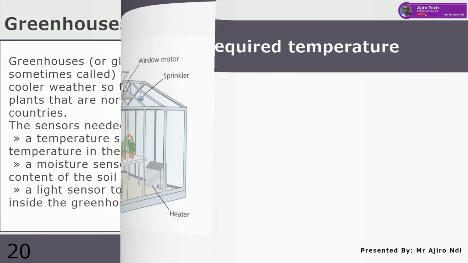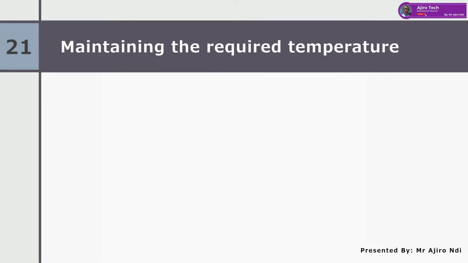Maintaining the required temperature. At the start of the process, the user inputs the required temperature, which is called the preset value, using a keypad, a number pad or a touch screen.